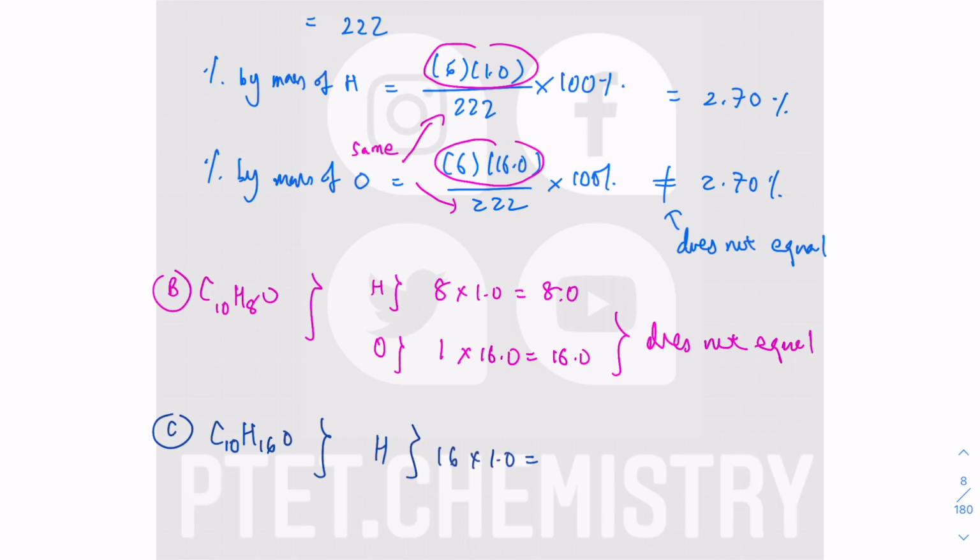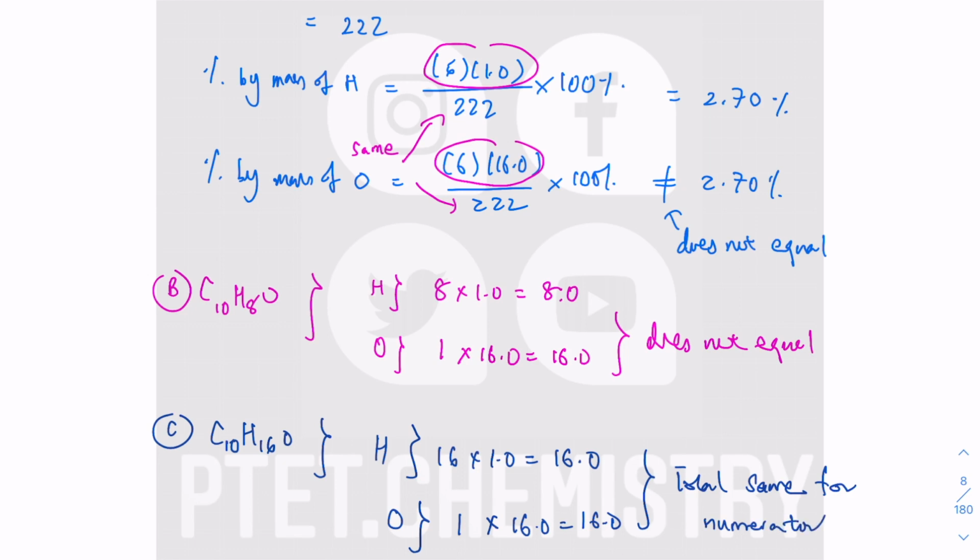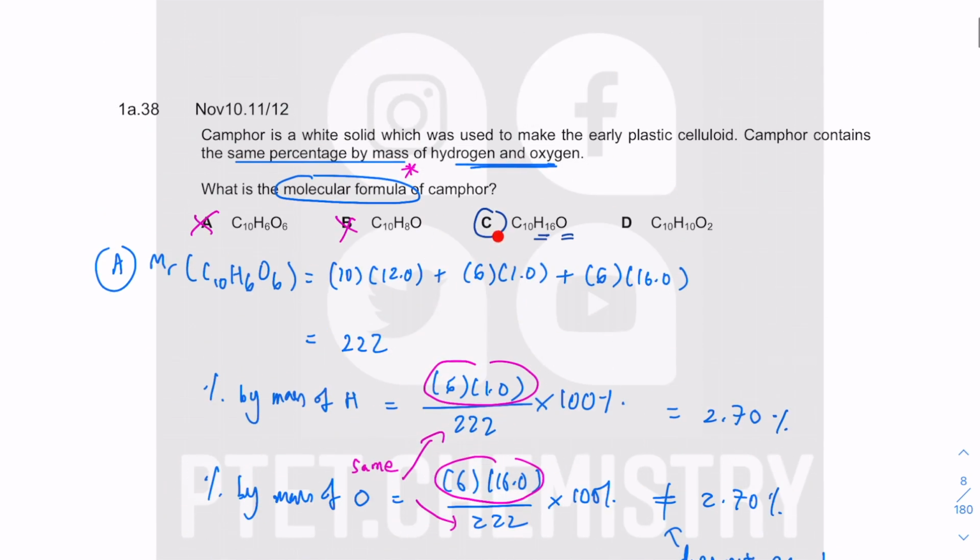Each one is 1.0, so 16.0. For oxygen, I have 1 oxygen. Each one is 16.0. So total is the same. If the total is the same for the numerator, and the denominator is the same, then of course the percentage by mass will be the same. So we have gotten the answer as C there.